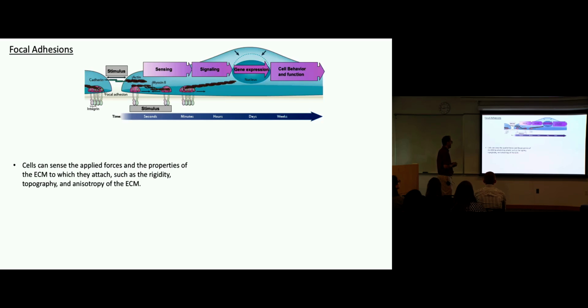Cells can sense applied forces and the properties of the extracellular matrix through these adhesions. Okay, they can sense rigidity, they can sense topography, and they can sense the anisotropy or the orientation of the filaments in the extracellular matrix.